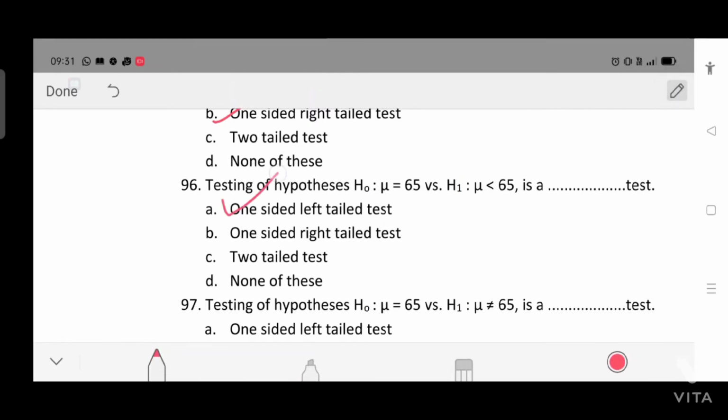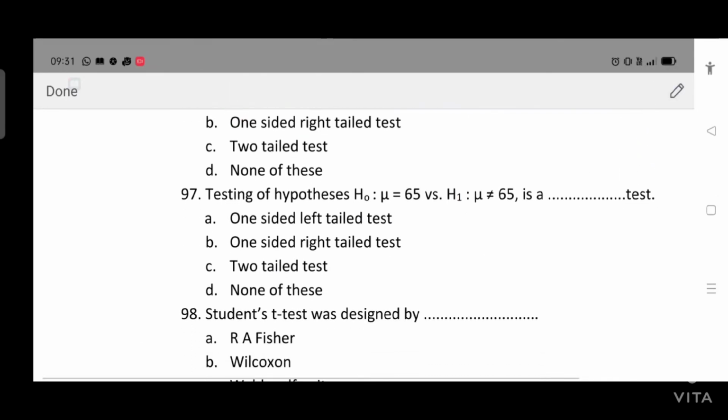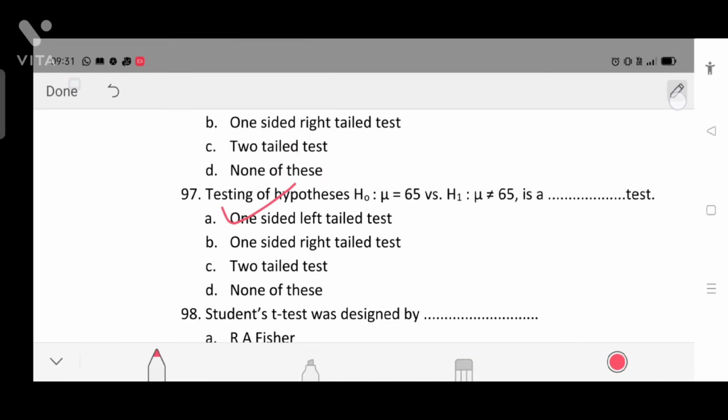A, one-sided left-tailed test. Testing of hypothesis, this equation is a dash test. A, B, C, D. A is the answer, one-sided left-tailed test. Please, everyone make a note of that equation and the answer. There is no time for that equation, so I told you shortly.